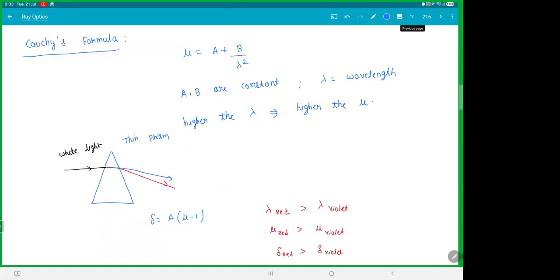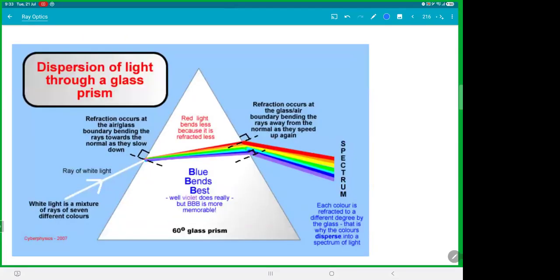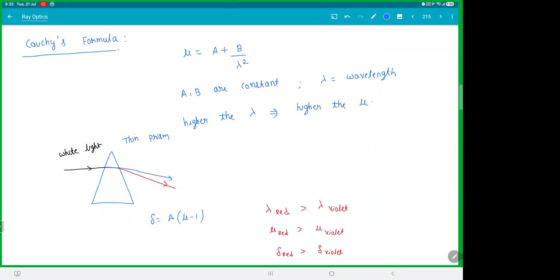I wrote reverse with delta deviation. Sorry, I said higher the lambda, higher the mu, but it is lower the mu.